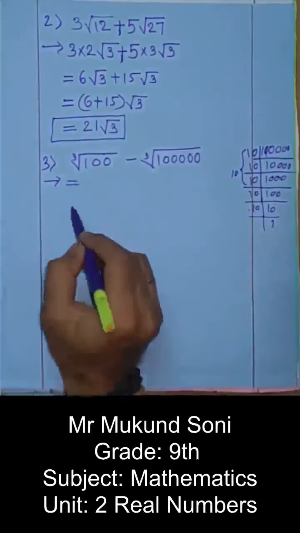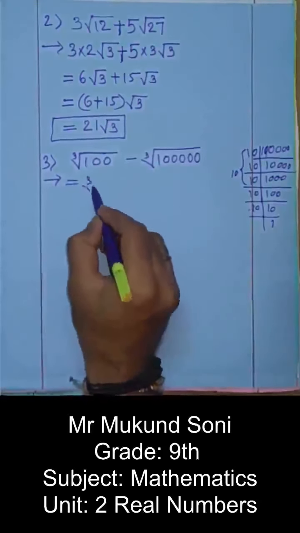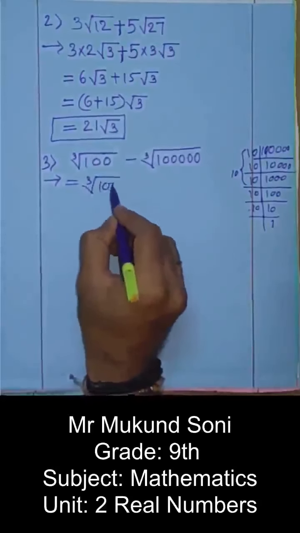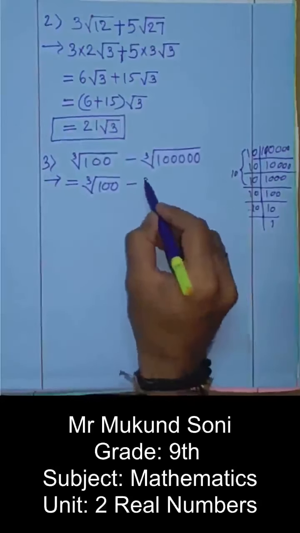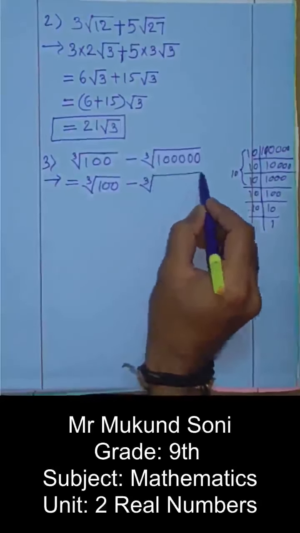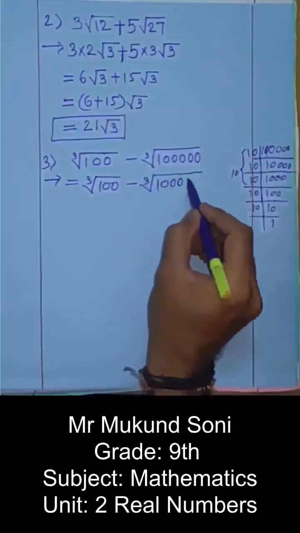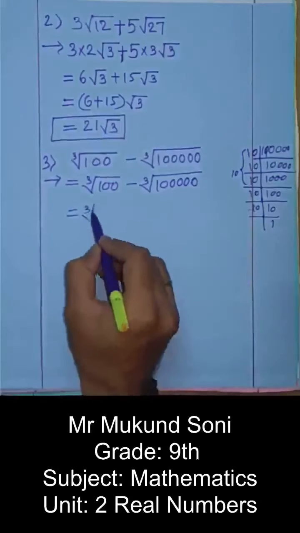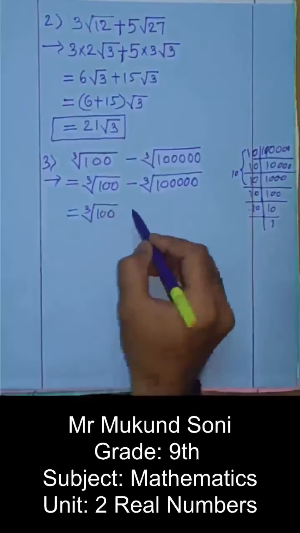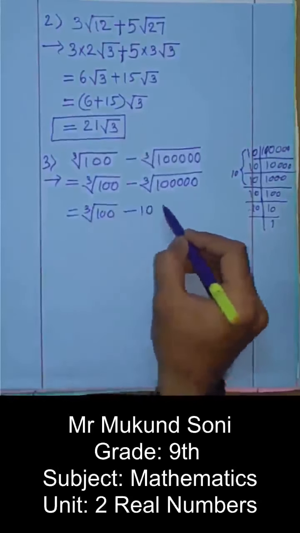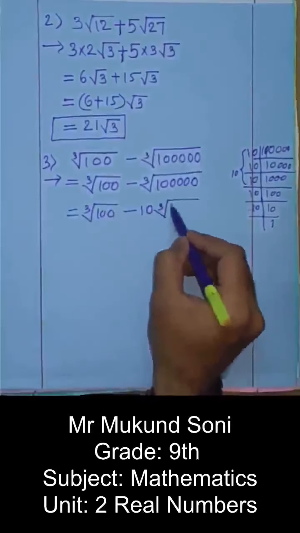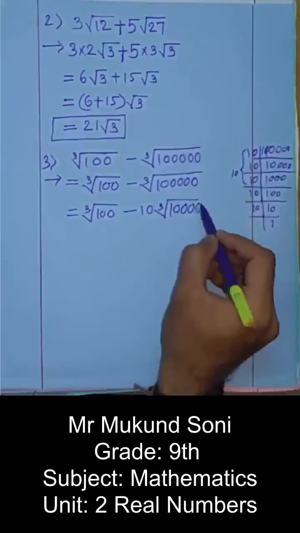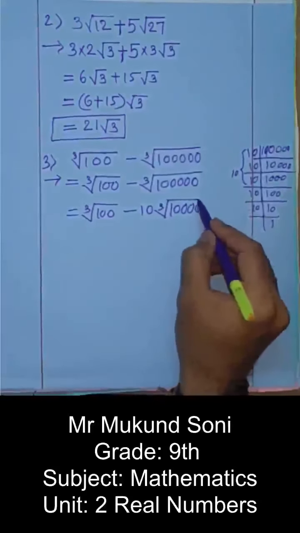To begin with my answer, I keep this cube root of 100 as it is, and then I will put the simplified form of the cube root of 1 lakh. Then it will become 10 times cube root of 100. Is it correct?